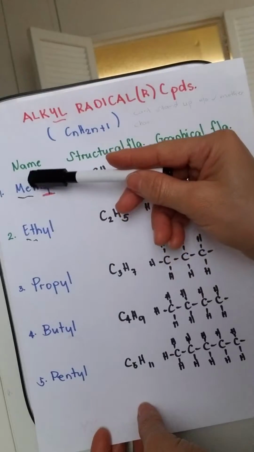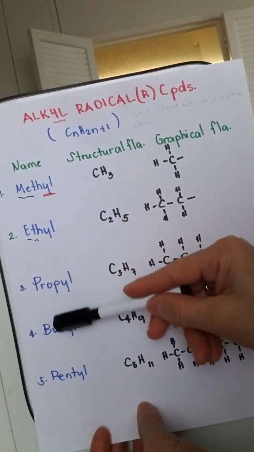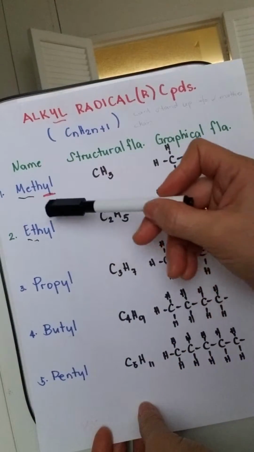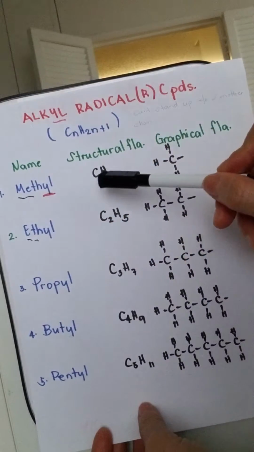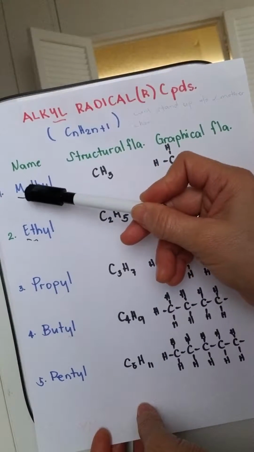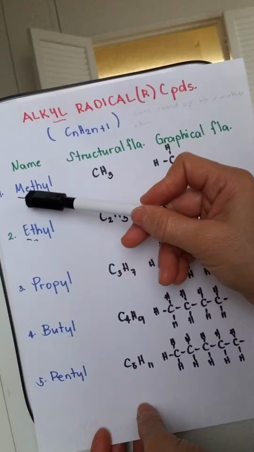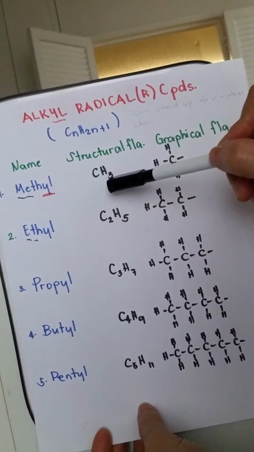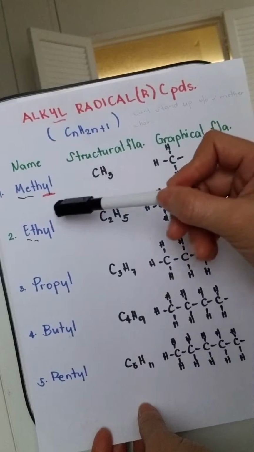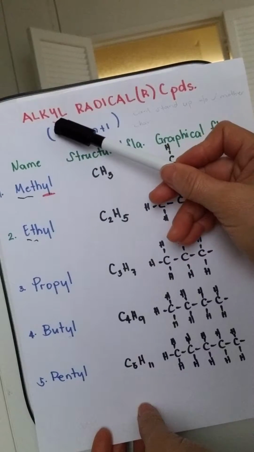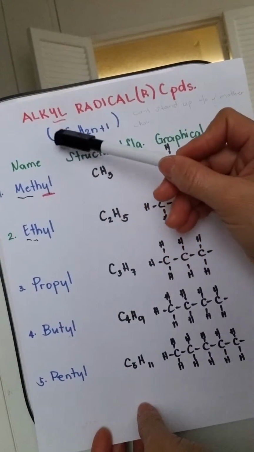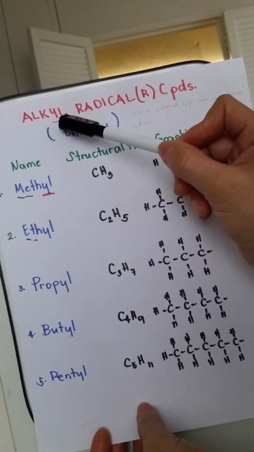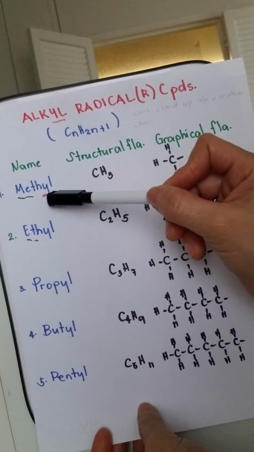So again, you have noticed that our prefix is the same as with the alkane. If we have a prefix of meth, meaning it has only one carbon atom, it goes into its formula. So that's why we have C, only one carbon atom. And since we're talking about alkyl radical compounds, we take the suffix yl into the name of the compound.